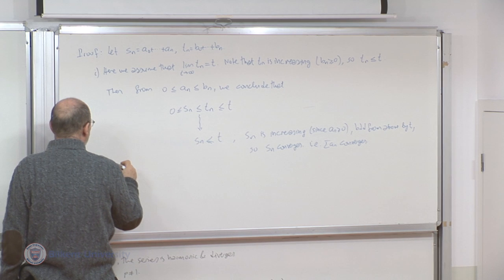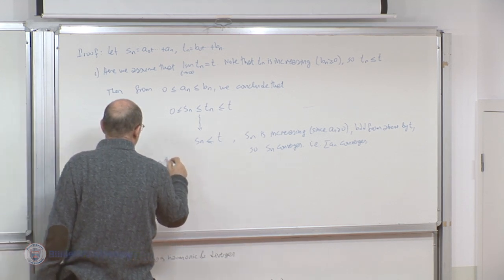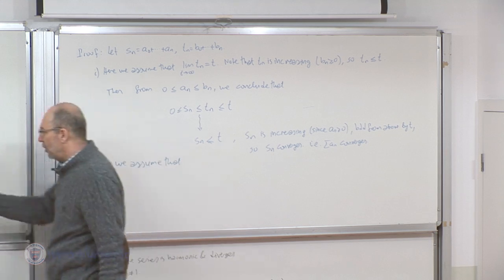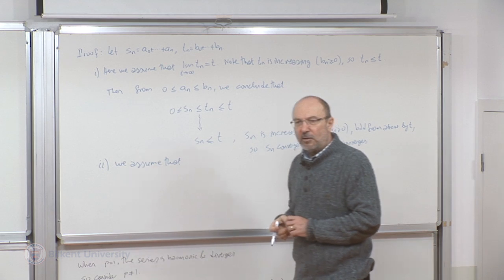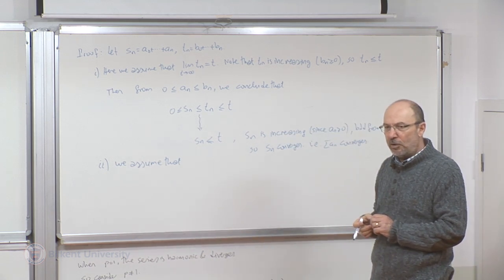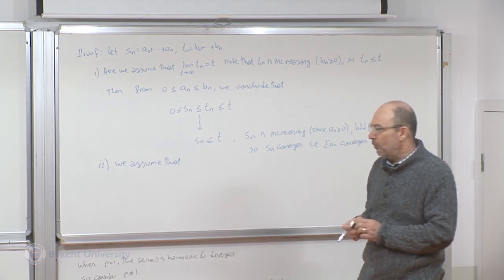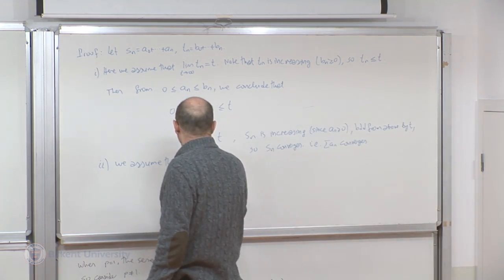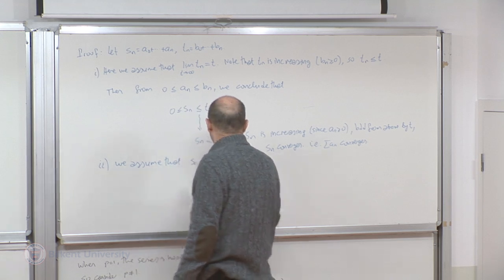Here we assume that summation An is divergent, which means that you are always adding something and it's not converging anywhere, so it's not bounded, because if it is bounded, it must converge. We assume that An goes to infinity as n goes to infinity.